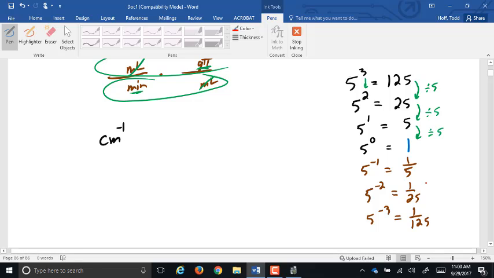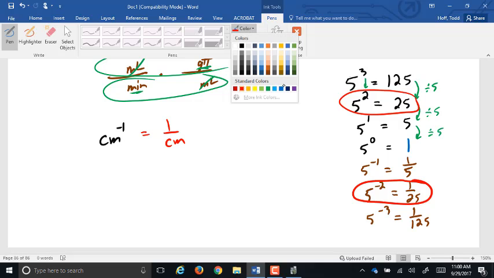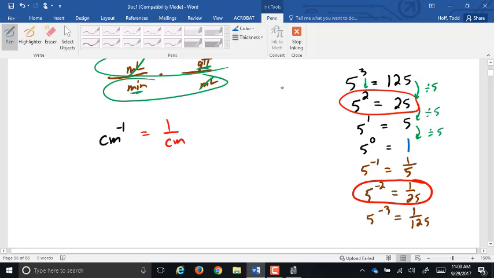They're just reciprocals. 5 to the power of negative 2 is just the reciprocal of 5 to the second power. 5 to the power of 2 is 25. 5 to the power of negative 2 is 1 over 25. So centimeters to the power of negative 1 is really a reciprocal, or 1 over centimeters. So what that means, if I have centimeters to the power of negative 1 times regular centimeters, what do I get?